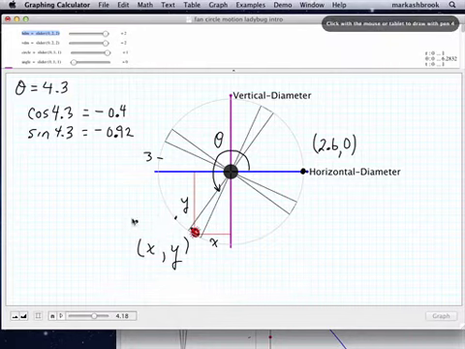Okay, what did we come up with? Who can say what the meaning of the number negative 0.4 is? Why does it make sense in this picture? Yeah, the distance from the vertical diameter. How do you see that it's negative 0.4? Because it's to the left. Negative means to the left. What about the 0.4?